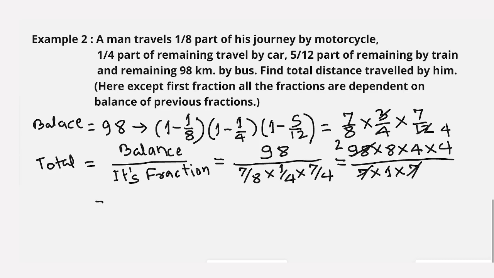So total travel comes out to be 2 multiplied by 8 multiplied by 4 multiplied by 4. 8 times 2 is 16. 16 times 4 is 64, and 64 times 4 is 256. So the total journey traveled by him is 256.